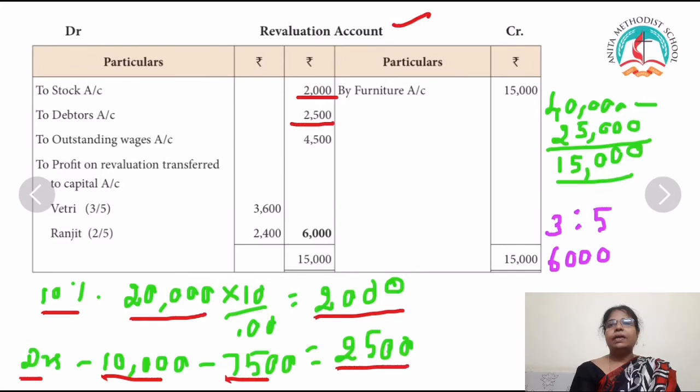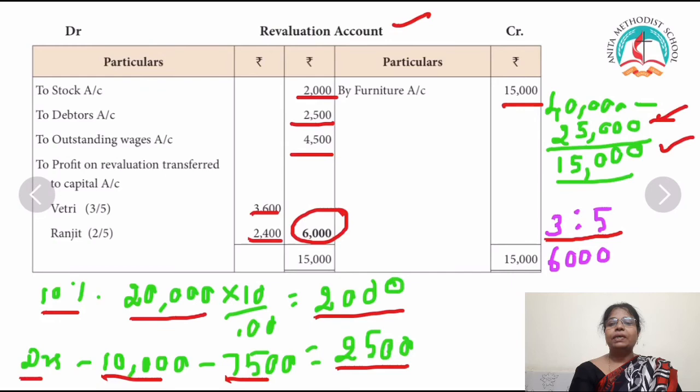Furniture is to be revalued at rupees 40,000 and the book value of the furniture is rupees 25,000. So there is an increase in the value of an asset, furniture account 15,000, and there is an unrecorded liability, outstanding wages 4,500. Now the difference comes to 6,000, that is shared among Vetri and Ranjit in the ratio of 3:2. So Vetri's capital account is 3,600 and Ranjit is 2,400.